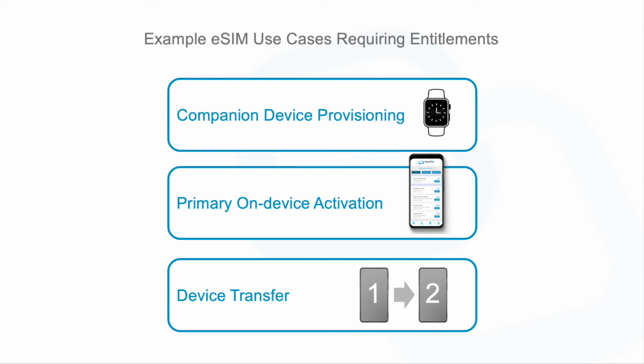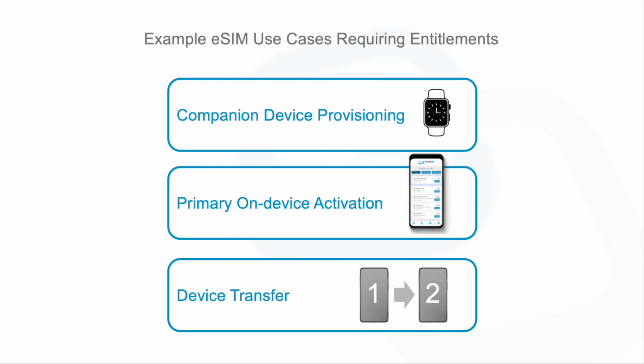Over time, further eSIM use cases have been added, including setting up a subscription on a brand new smartphone on the device itself straight out of the box, and moving an eSIM subscription from one device to another, essentially replicating the process of moving a SIM card from one device to another, allowing the customer to easily upgrade their phone.